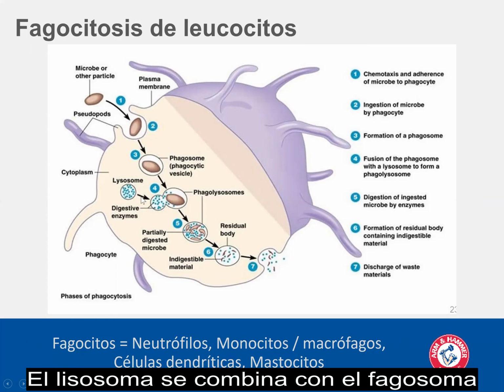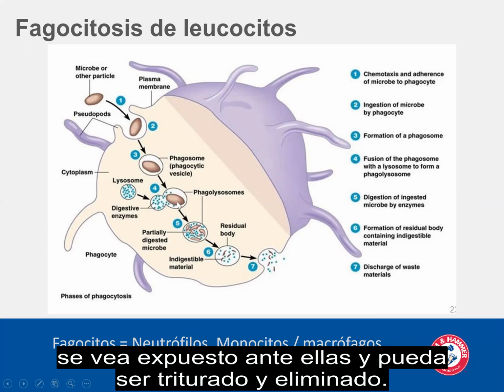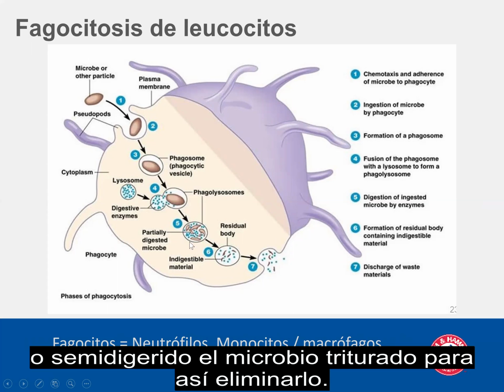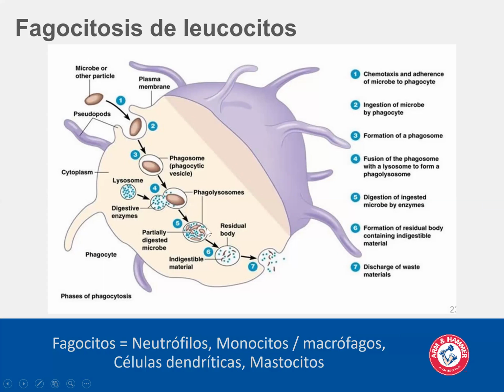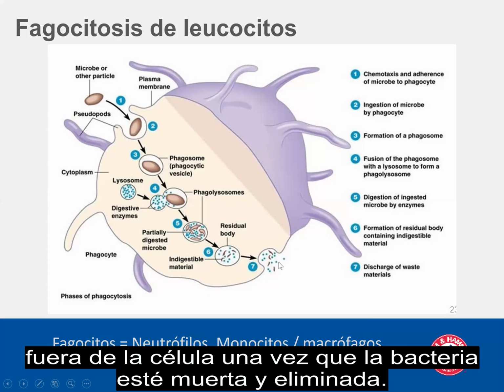So the lysosome merges with that phagosome and releases those digestive enzymes so that the microbe is exposed to them. It's chopped up, cut up, and killed. And that becomes the phagolysosome that we see here, with the enzymes that have now digested or partially digested, broken up that microbe and killed it. Then the indigestible material is left and just gets expelled out of the cell now that the bacteria is dead and eliminated.